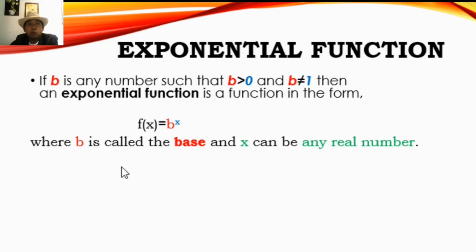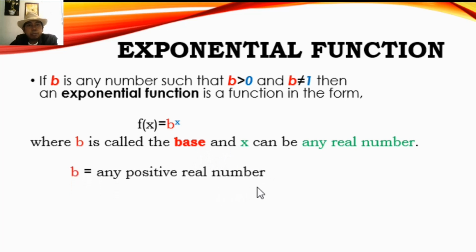They are all numbers. Again, what are the possible values of x? They are any real number. And that is the same as, what is the domain of the exponential function? It is any real number.